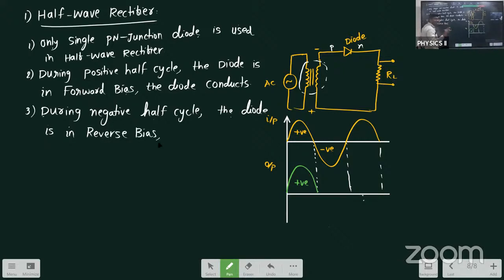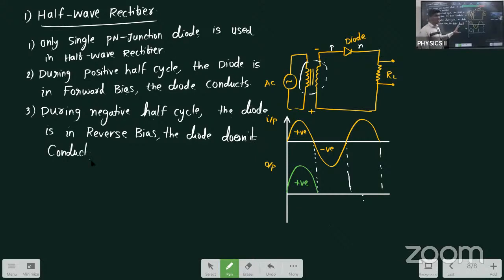Will the diode conduct or not? No, the diode does not conduct. The diode does not conduct.